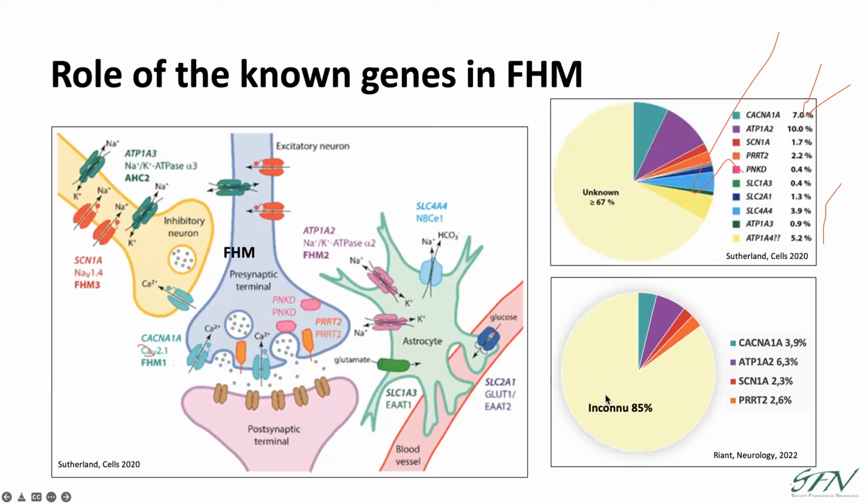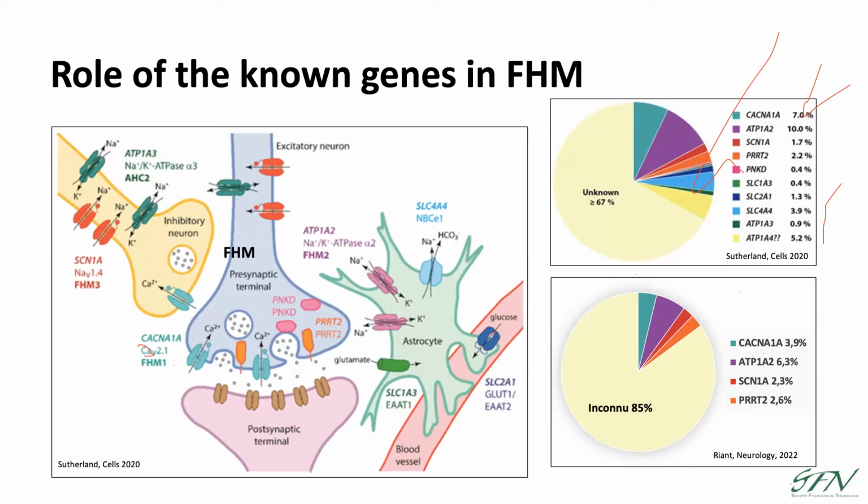And you can see that no identified mutation was found in 85%, and that the main gene is ATP1A2, 6% of the patients, followed by CACNA1A, the calcium channel, followed by PRRT2 and the sodium channel. So in 15% of all the patients sent for molecular diagnosis, we can identify a gene and we can find a mutation and be confident in the genetic diagnosis.